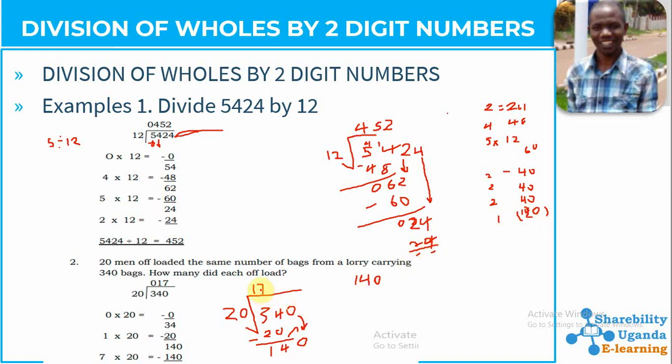This simply means when we multiply our 7 times 20, we shall be able to get our 140. Okay, then we say minus. When we subtract these numbers, we shall be able to get our zeros here. So this simply means that if we divide our 340 by 20, they get 17.